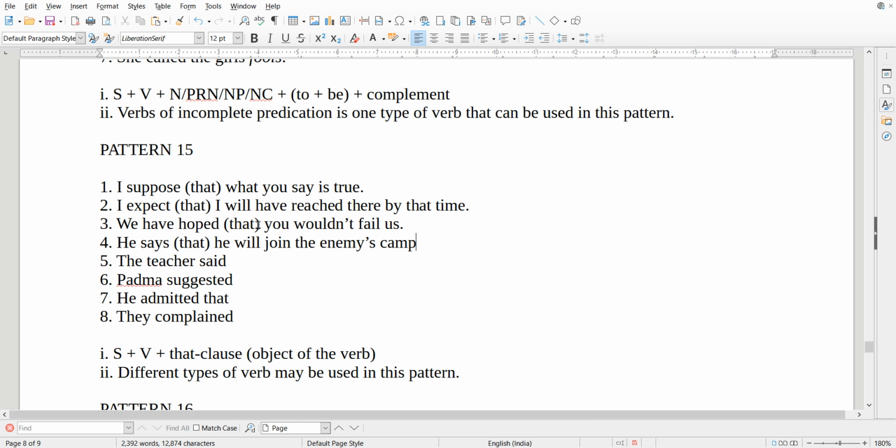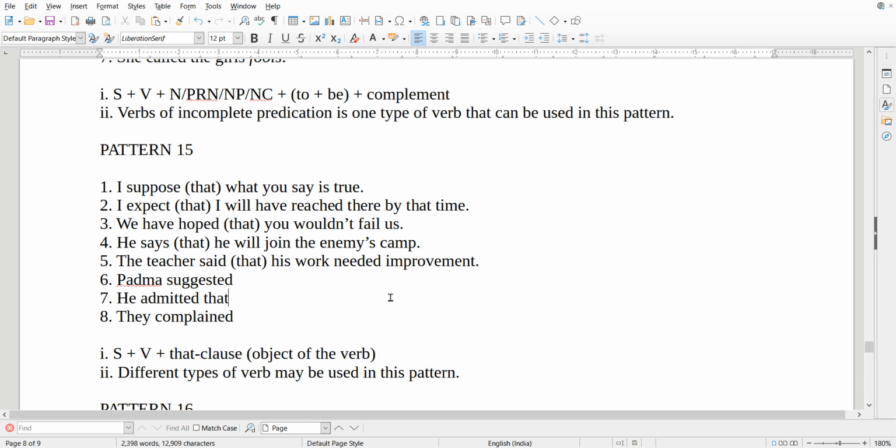So, noun clause again. The teacher said that his work needed improvement.